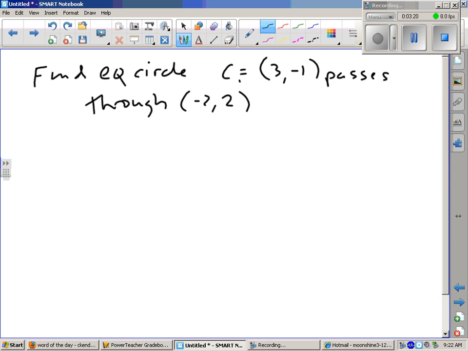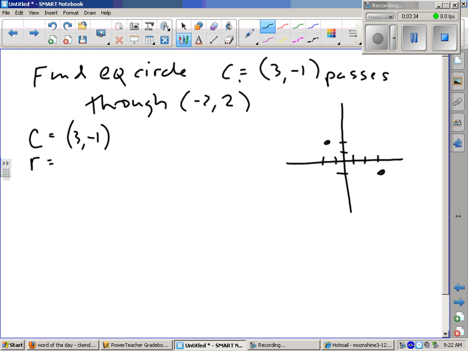Now, what you need for a circle is center and radius. Well, we have the center. We need to figure out the radius. So let's draw a quick sketch. Drawing a sketch always helps. Go over 3 and down 1. There's your center. Negative 2, 2 is here. So the circle passes through that point. So you have to kind of visualize that circle.